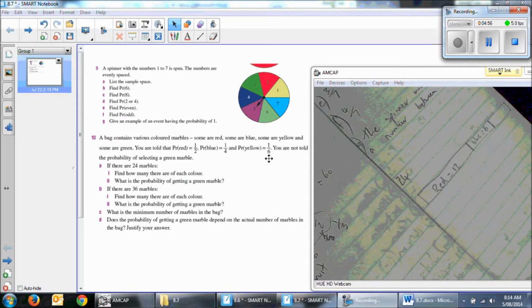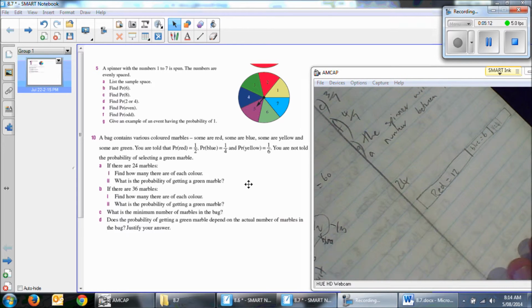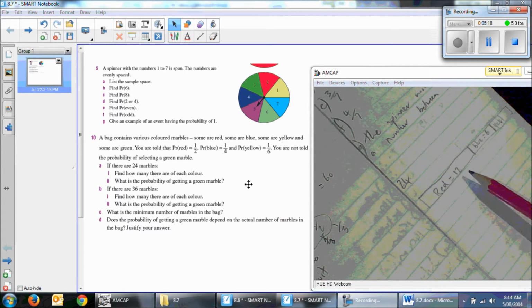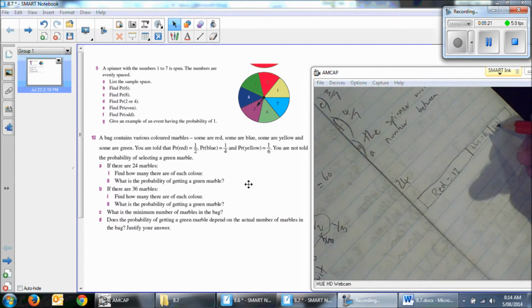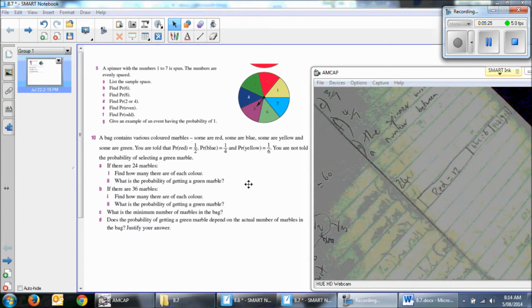If I divide it by the denominator of the yellow type, which is 6, 24 divided by 6 is 4, and I have one of them. So that means I have 4 yellow marbles. Okay, so yellow equals 4. And then, if I have a look here, I've got 6 and 4, which is 10, and plus 12 is 22, which means that I have green equals 2 marbles, because there's only 2 left to make up that 24.